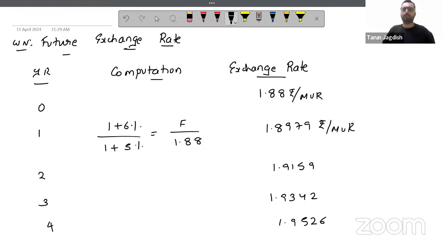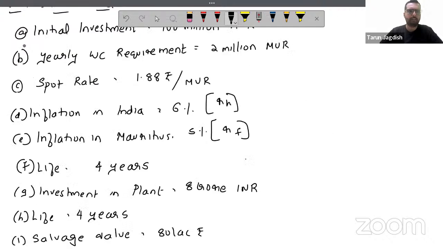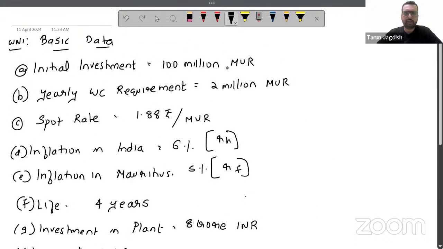Now, friends, once we are done with this part, I'll go to the next one. So we'll read the basic data again and see what else we can find out. We have the initial investment given and the working capital is also given. So can we convert these also into rupees right now? Because we'll have to convert this at a future exchange rate. Gayatri, you're still writing?